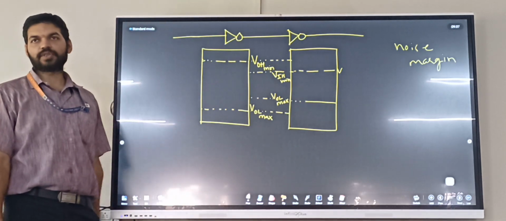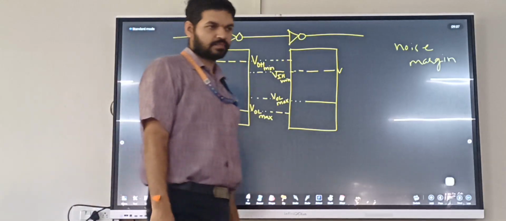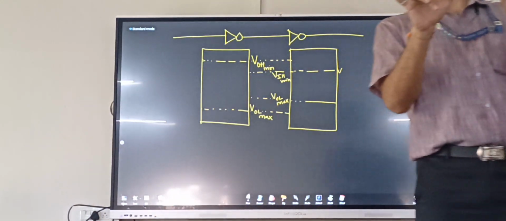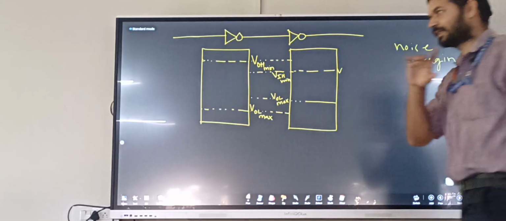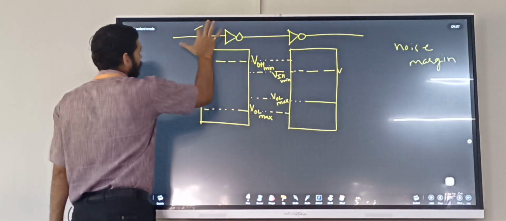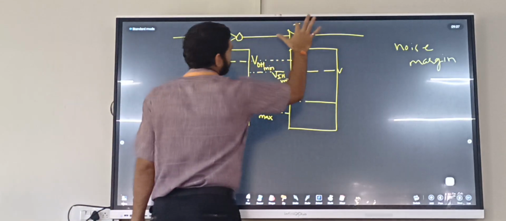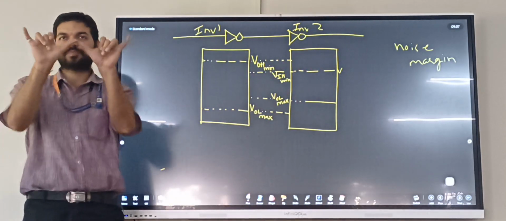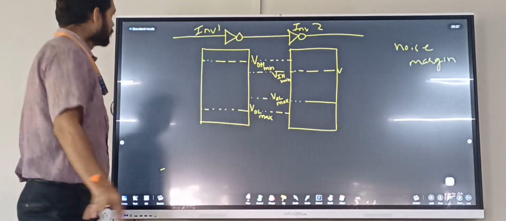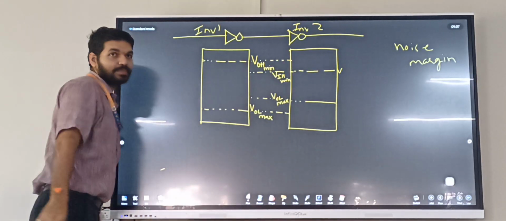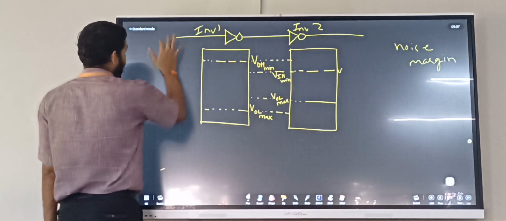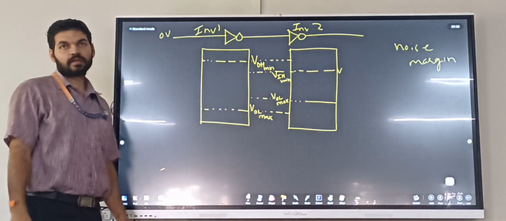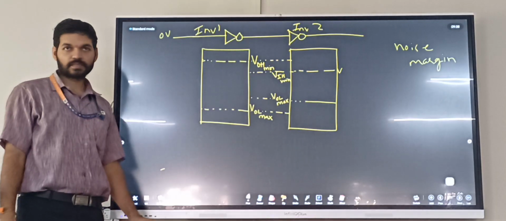For understanding the noise margin, we have to take an example of two inverters connected back to back, or in series. This is inverter 1, this is inverter 2. Say I am giving input 0 volts to the first inverter.